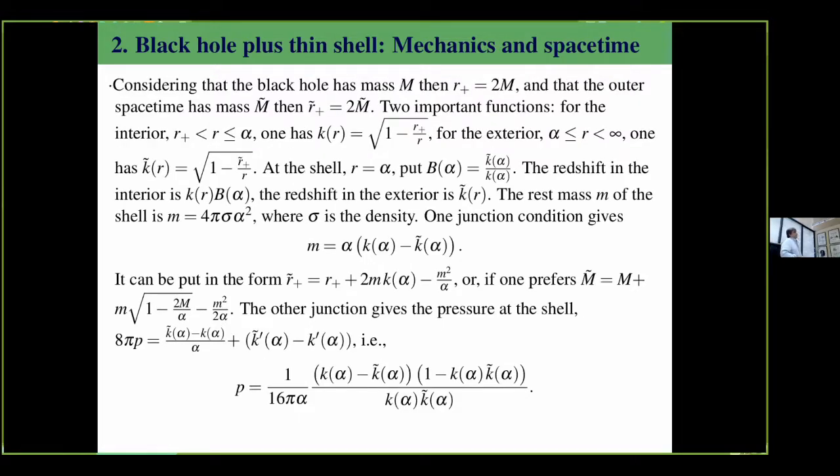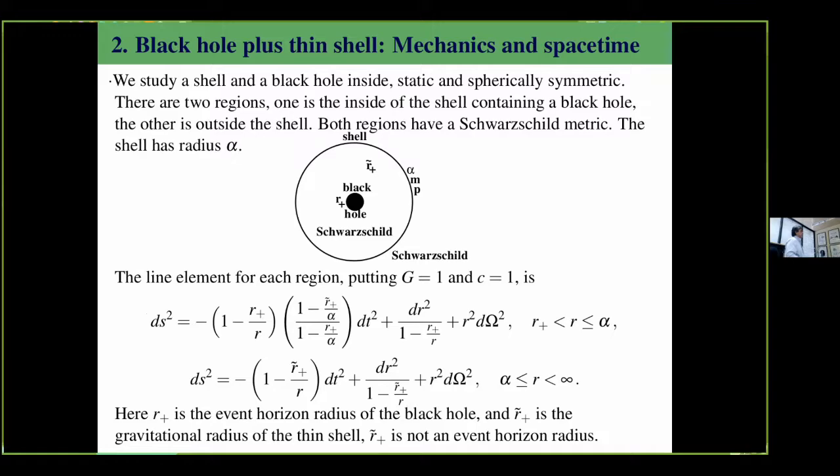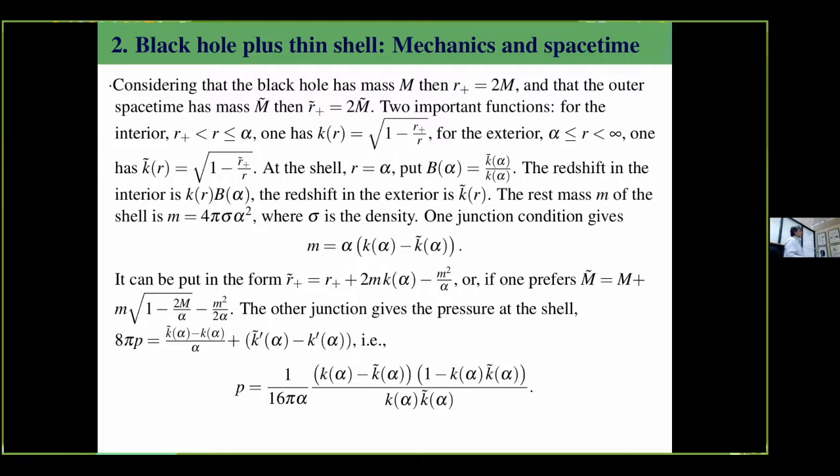Now, we know that mass and the horizon or gravitational radius can be converted in the spherically symmetric case. r plus is equal to m, so it can be traded. And also r plus tilde is equal to m tilde. There are two important functions that I need you to memorize, this function here, which of course appears here, and this function here, which of course also appears, the root of that.